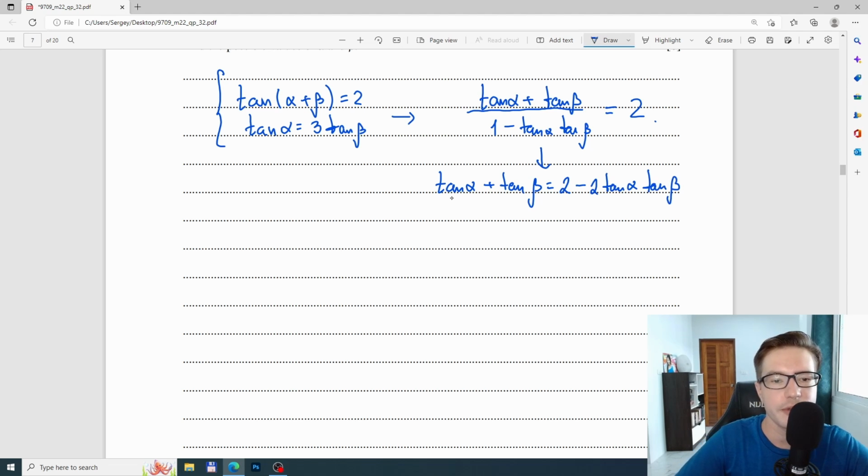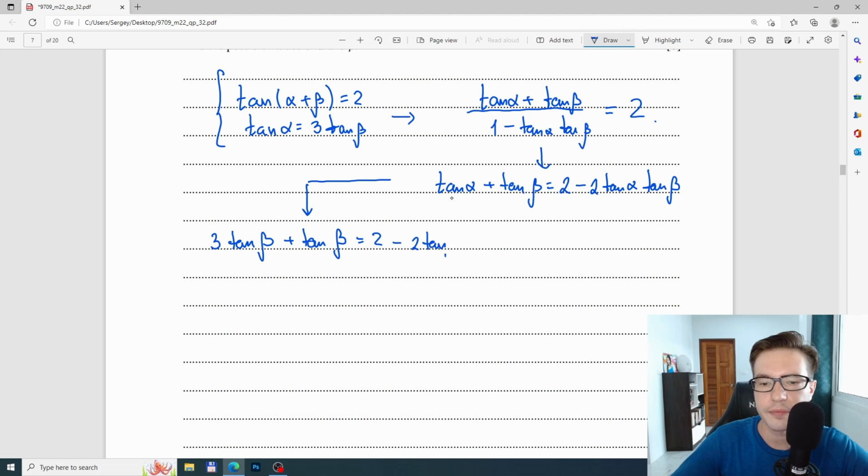And in the next step, I will substitute tangent alpha equals 3 tangent beta. So I will get 3 tangent beta plus tangent beta equals 2 minus 2 tangent beta times 3 tan beta.